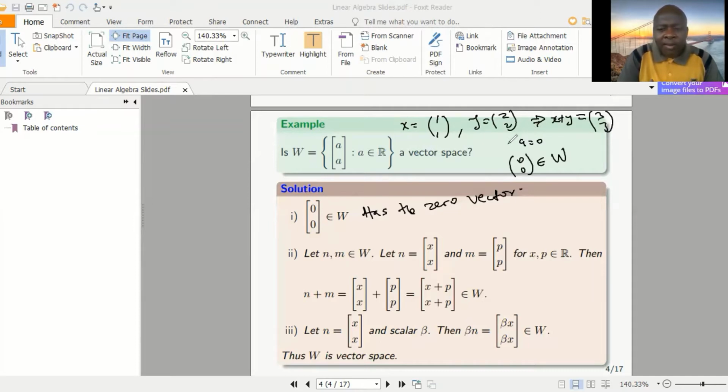Because if it forms a vector space, then I'll show a general proof, I don't use examples. If it's a vector space, you don't use examples. But if it's not a vector space, you show that by using examples, the way we did earlier.